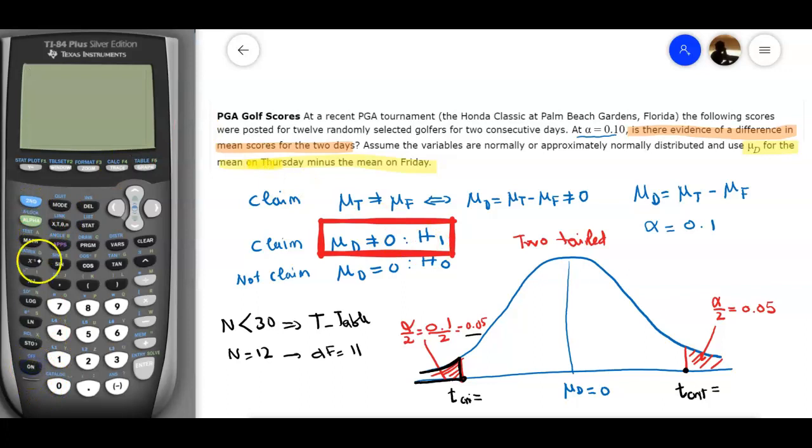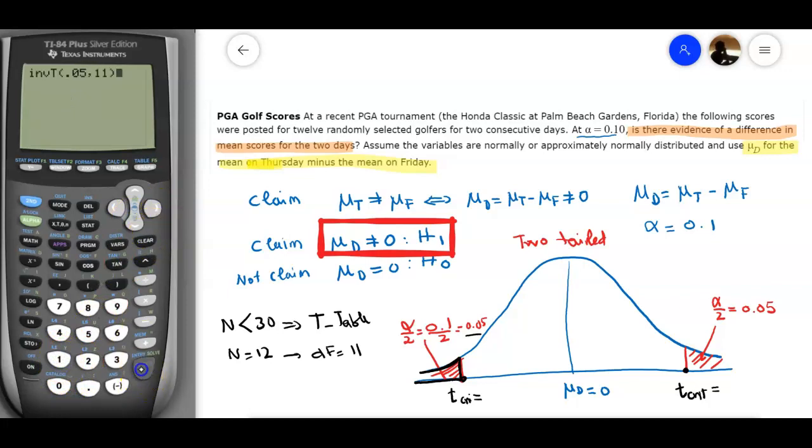So you're going to go to second and vars. That's going to give you distribution. Once you enter the distribution menu, you can select number 4, which is inverse t, enter. It's going to ask you about the area, which is 0.05, and it's going to ask you about the degree of freedom, which is 11, and that's basically it, right?